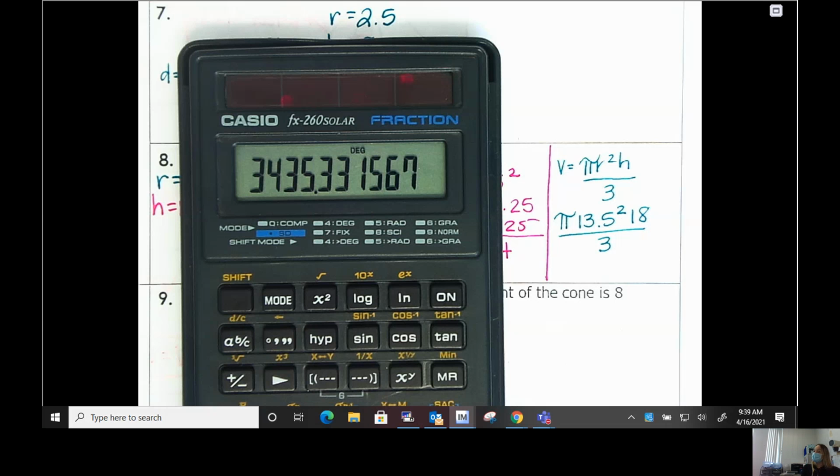So when you go to plug it in, I have a feeling, Daniel, you did not push r squared, if I had to make a guess. So when you go to plug it in, you're doing pi times your radius squared, 13.5 squared, times 18, and then dividing it by 3. I think you just pushed r, if I had to make a guess. So you should have gotten this number.